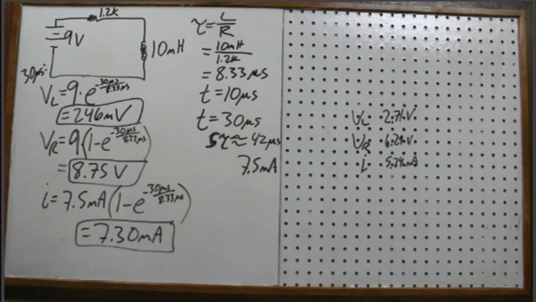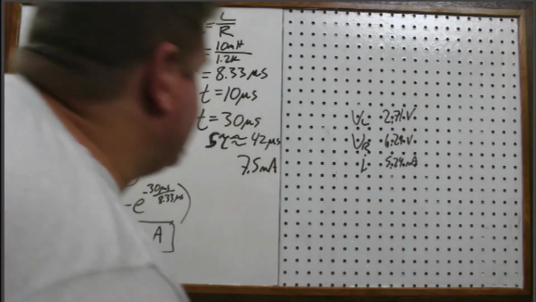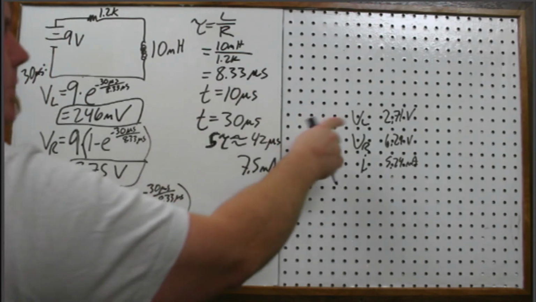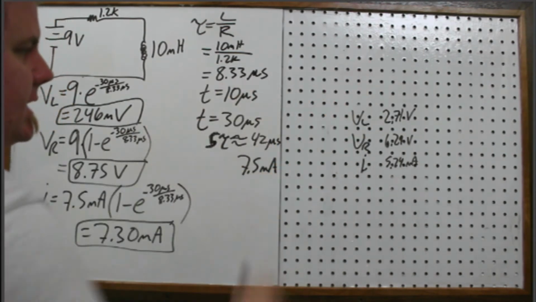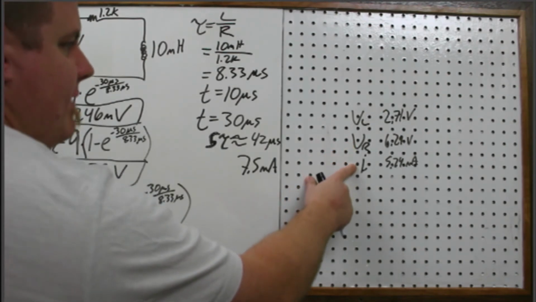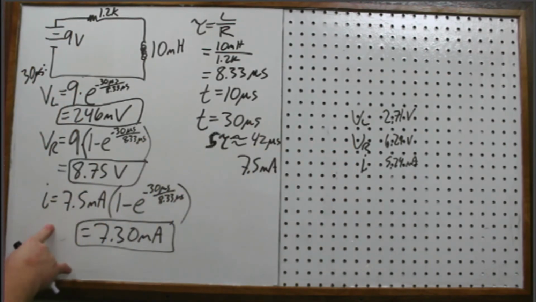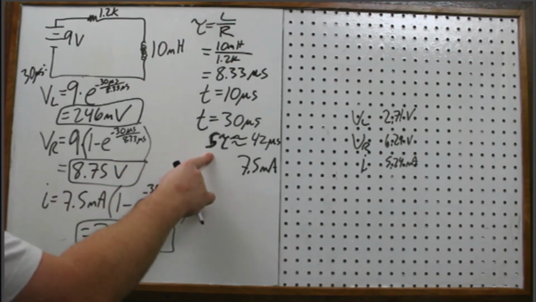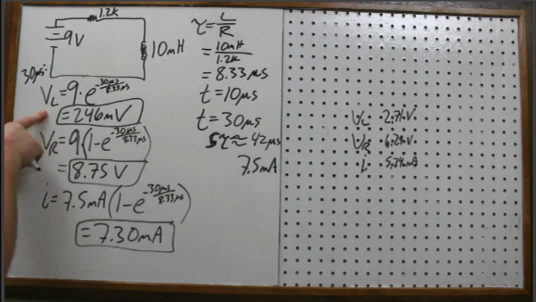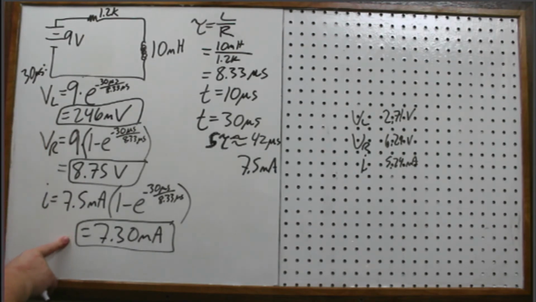So we're almost to 7.5. There you can see the difference. Early on, still after one time constant though, the voltage on the inductor was 2.71, the voltage on the resistor 6.29, and 5.2 milliamp current. And here, further in time, closer to 5 tau, you can see the majority of the voltage is on the resistor, almost none of it is on the inductor, and we're approaching max current.